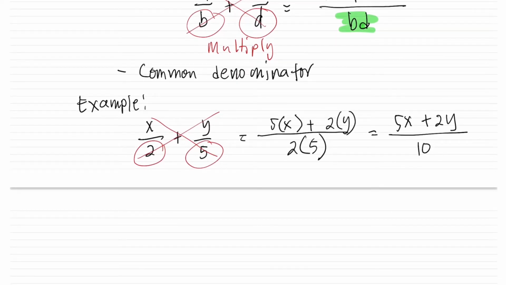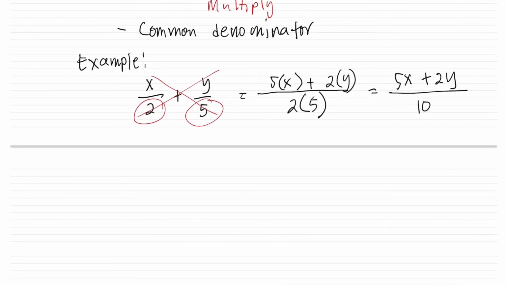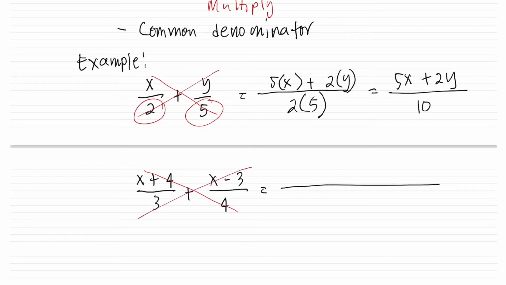What if we have another example like this? What if we have x plus 4 over 3 plus x minus 3 over 4. Same thing, we cross multiply.